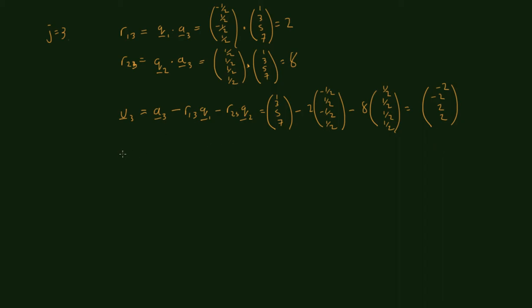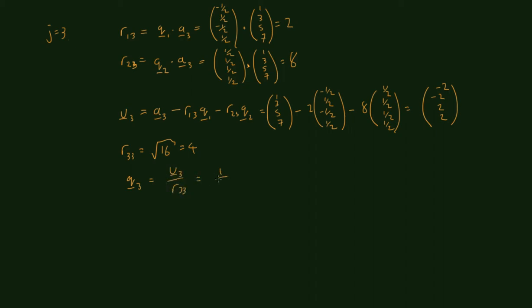So we need to, so R33 is simply the magnitude of that. So that's going to be 4 plus 4 plus 4 plus 4, so that's going to be root 16, which is of course 4. So therefore Q3 is going to be U3, so there's no magnitude, it's just U3 over R33.